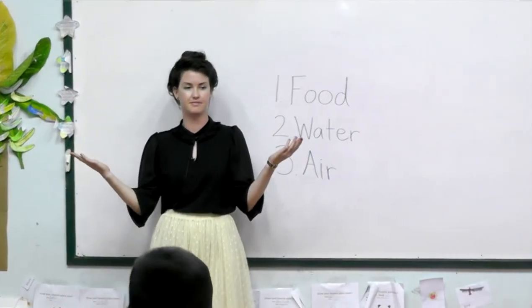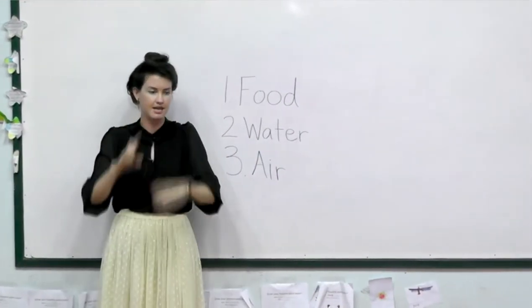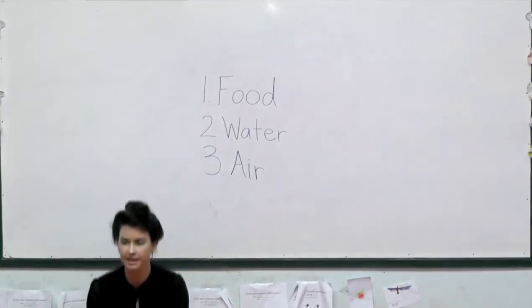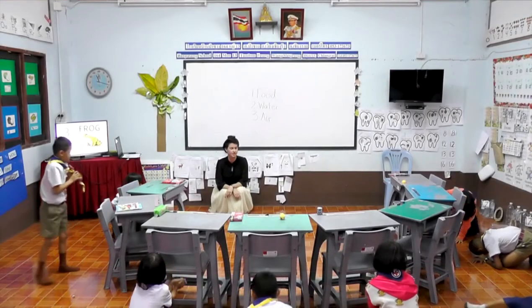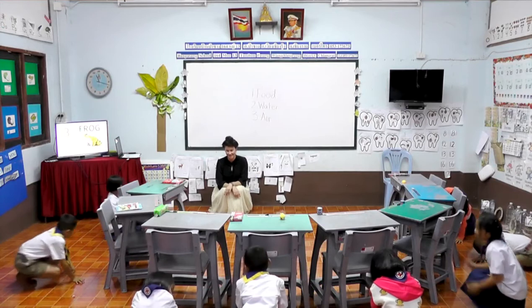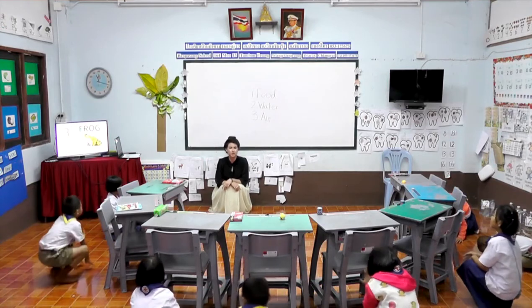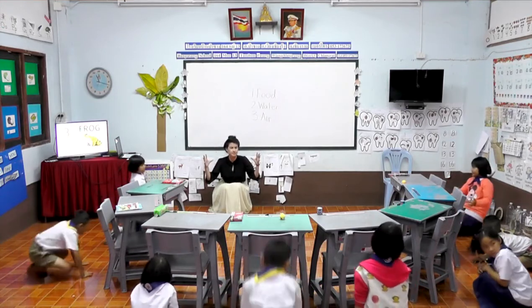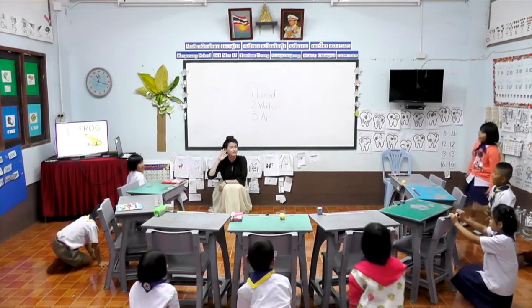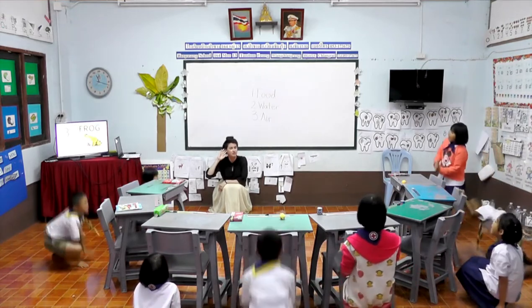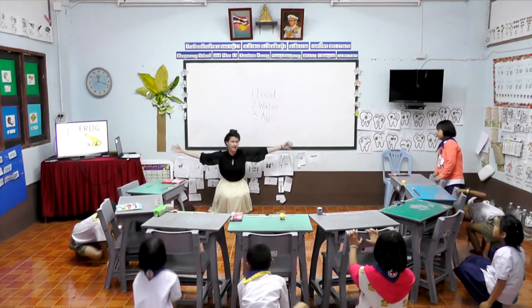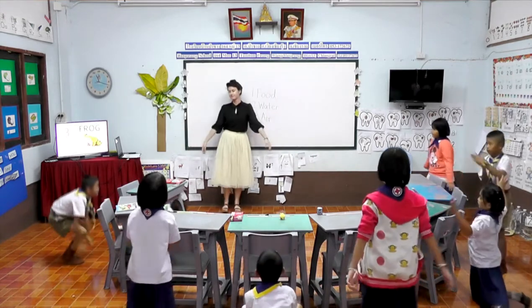Okay, let's do it again. First, how do we start? Get into a small egg. Be a small little egg. Okay. What's the word when we open the egg? Hatch. Okay, hatch out of your egg. Break out of your egg.